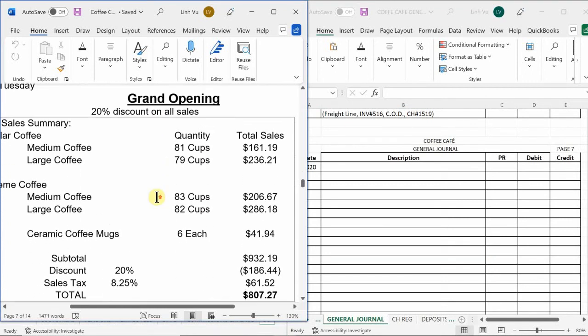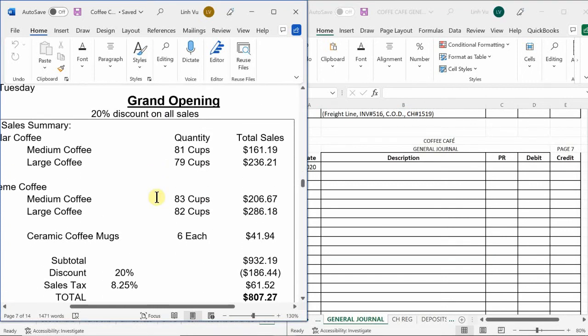Then we have some grand opening sales. Once again, this time, we got 20% discount off of the grand opening sales. We sold 81 cups of the regular medium coffee. We sold 79 large regular coffees. We sold 83 medium supreme, and we sold 82 large supreme.